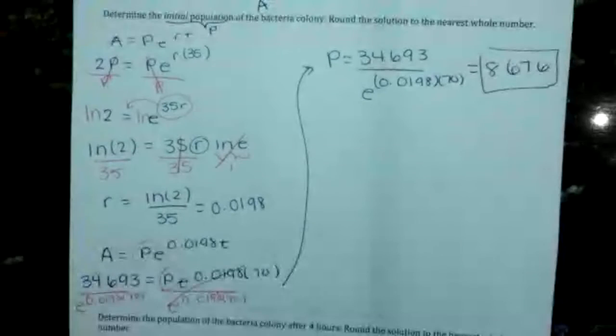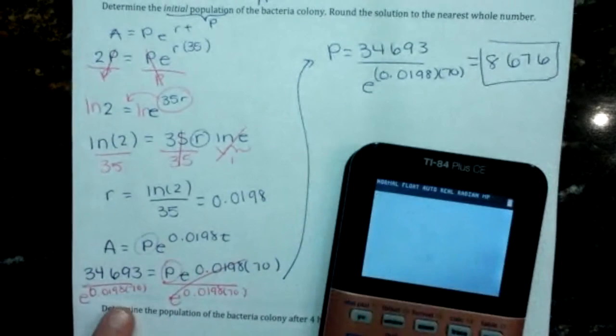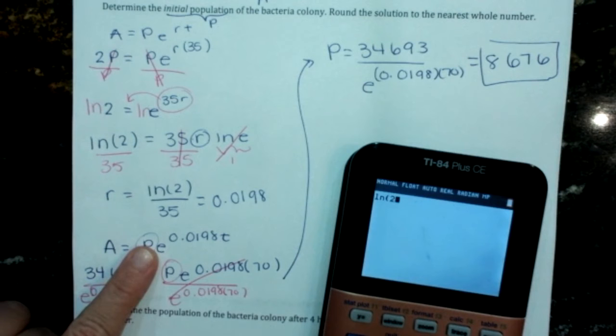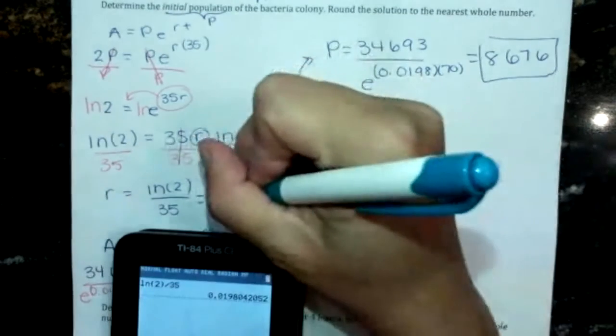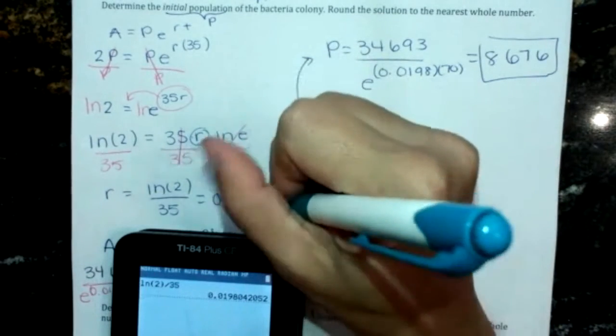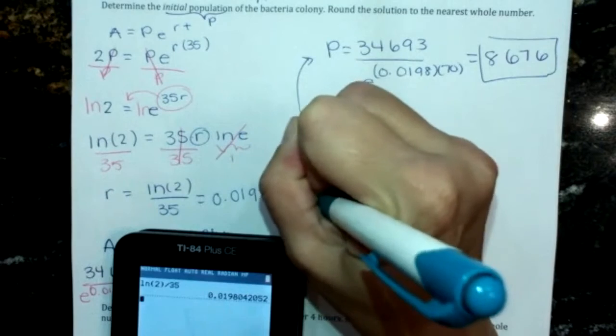All right, I just want to be super, super exact. So if I were to plug this in, so natural log of 2 divided by 35 will give us, let's put more numbers, 0.0198042052.